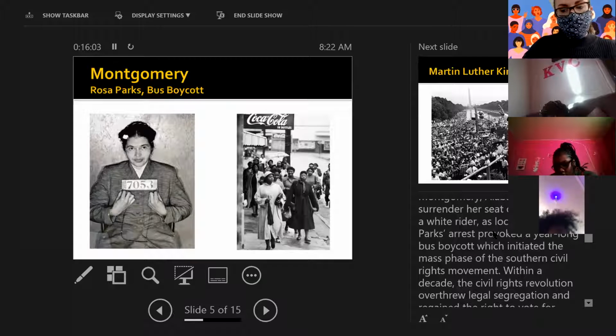Parks was arrested, and in response, there was a year-long bus boycott.